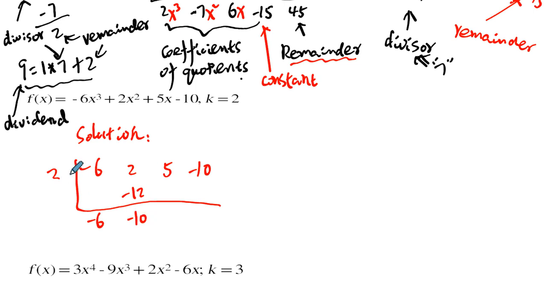Negative 10 times 2, negative 20. Negative 20 plus 5, negative 15. 15 times 2, negative 30. And then negative 30 plus negative 10, negative 40. Again, this will be the coefficients of the quotient. This will be the remainder.